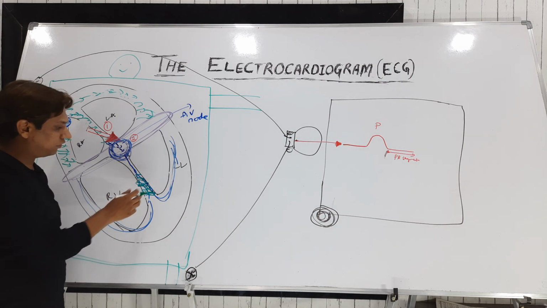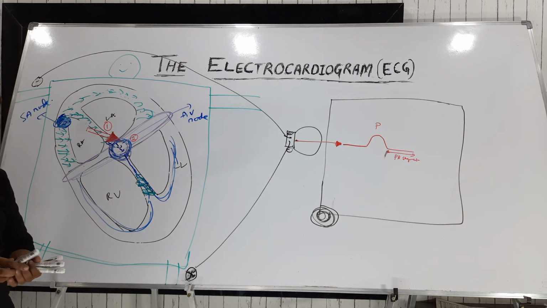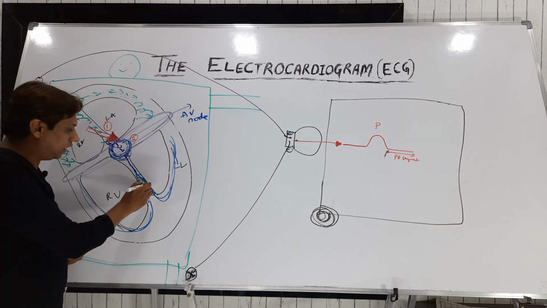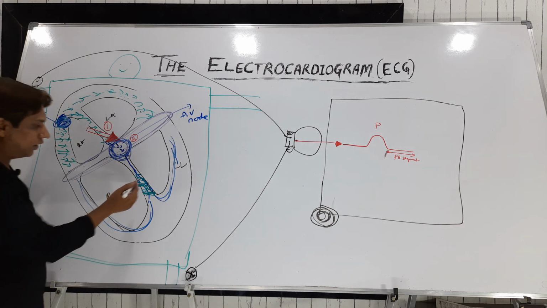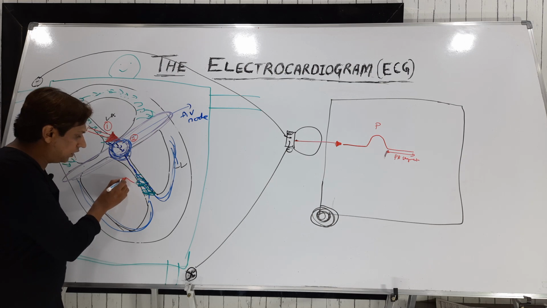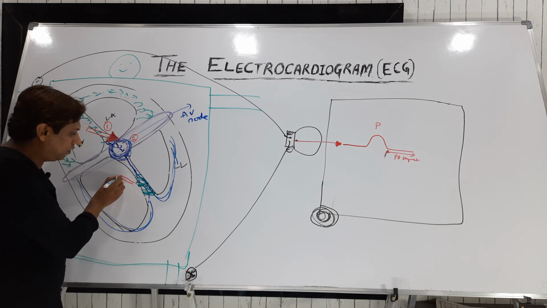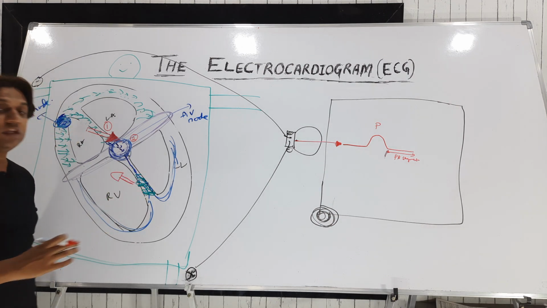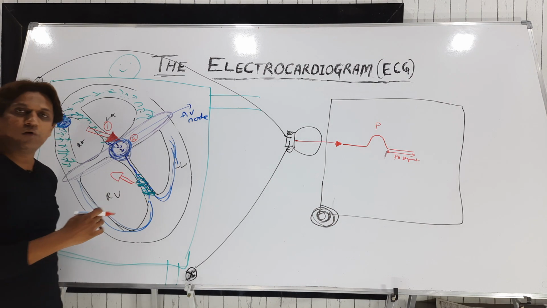If we draw a vector representing this electrical current of the interventricular septum depolarization, the magnitude is very small because it is just depolarizing the cells of the interventricular septum.